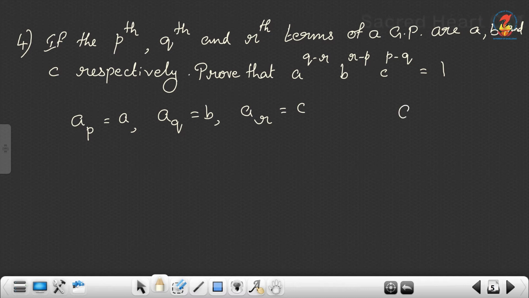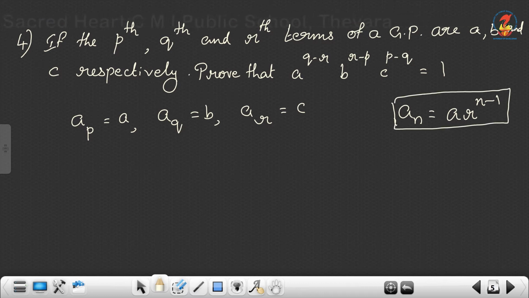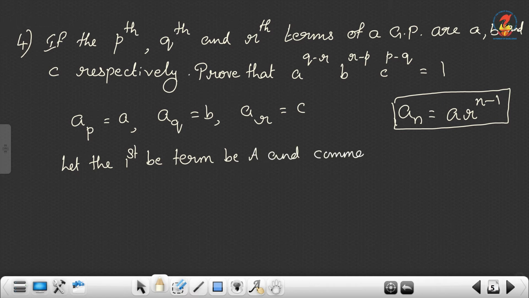So the nth term, what is it? The general term of a GP is first term into common ratio raised to n minus 1, AR^(n-1). Here small a is already used, so let the first term be capital A and the common ratio be capital R. So A_p means capital A into R raised to p minus 1, that is equal to small a.